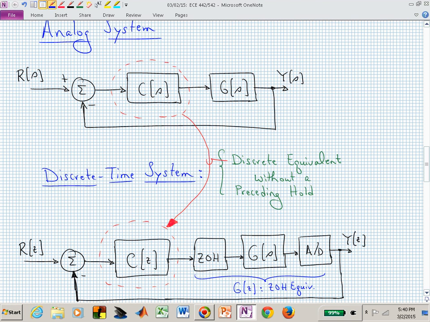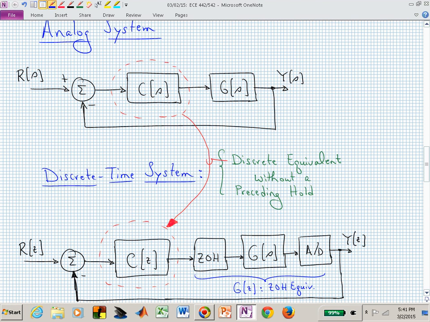You don't need to worry about holding those numbers coming in to the input, and that's why in this particular scenario number 1, we're not preceding our system, in this case capital C of S, with a zero order hold, and packaging those two together before we find the discrete equivalent.